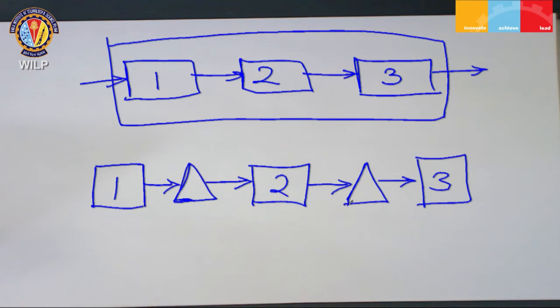Similarly, between process 2 and 3, there is some storage area where material sits in inventory for some time before arriving at process 3. If this is the case, then we will treat each one of these three as a separate process. So there will be three separate processes here, whereas in this case we will be having one single process which will be used to denote all three steps.